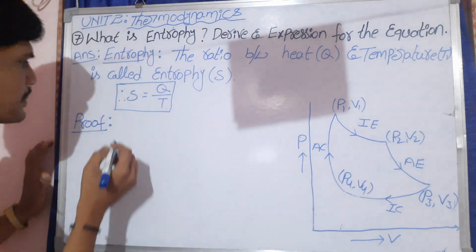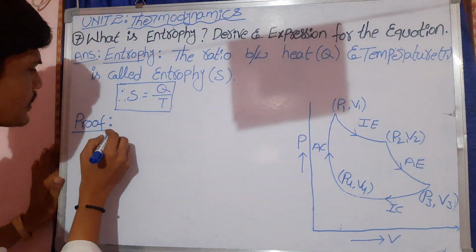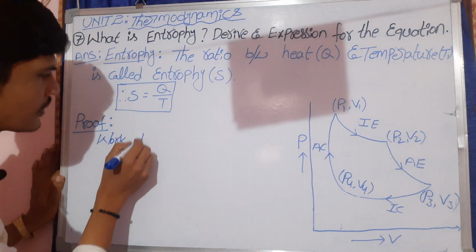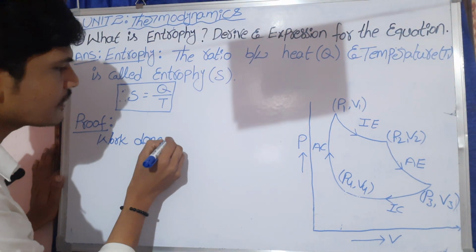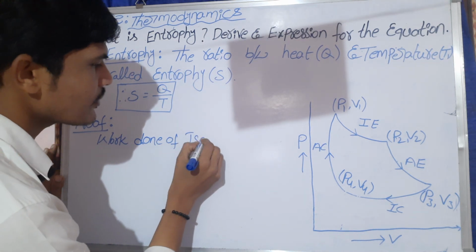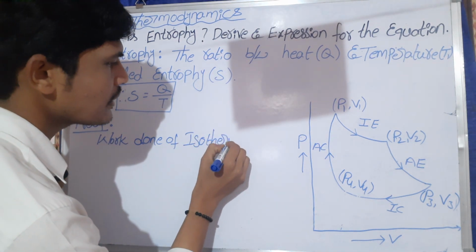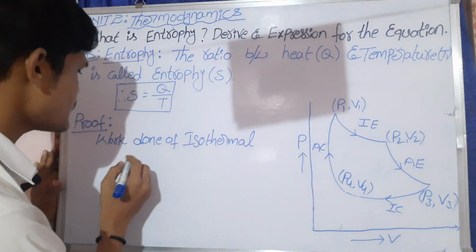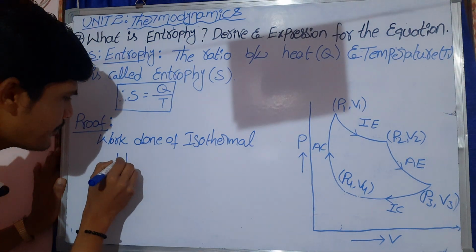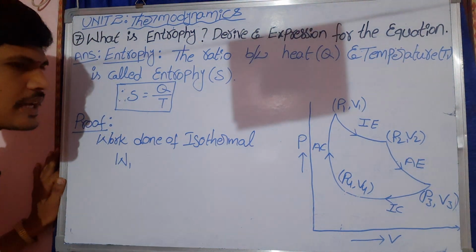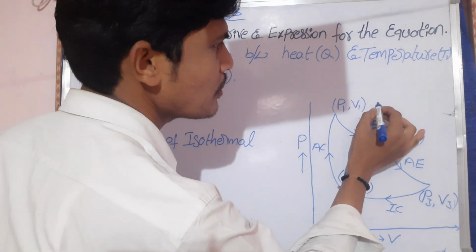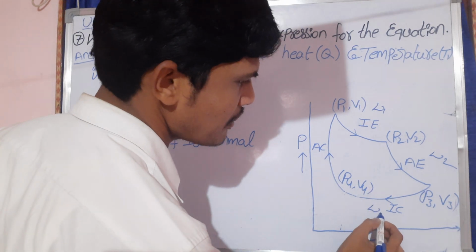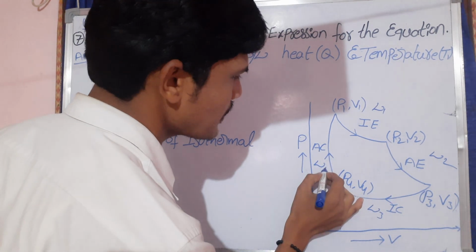the work done of the isothermal process. The work done, W: first work W1, second work W2, third work W3, fourth work W4.